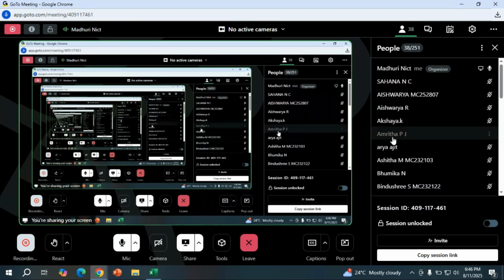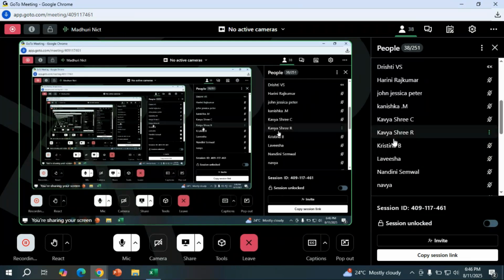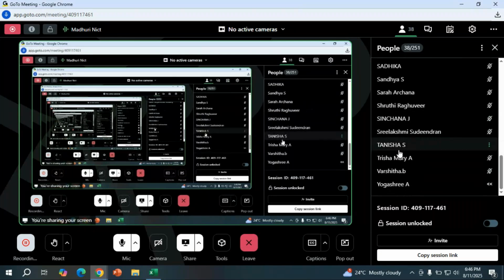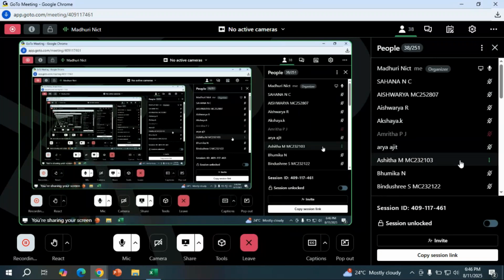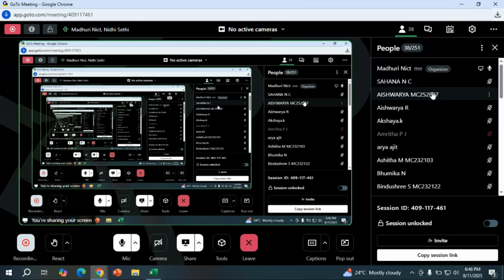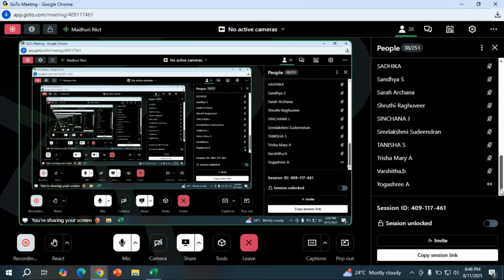I've tried through both laptop and phone. No, your name is not displayed here. Just re-log in a few times. It's not something which I have to permit. You can just log in and join the session.